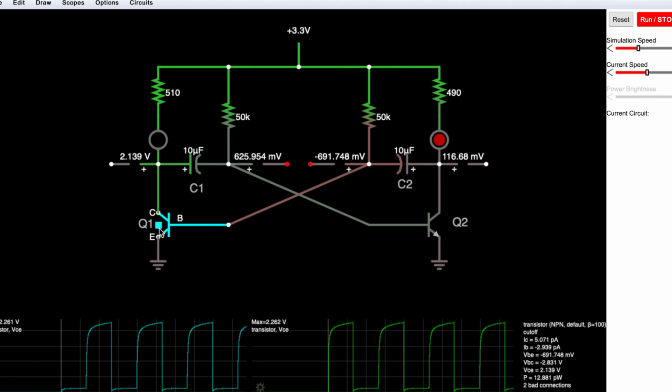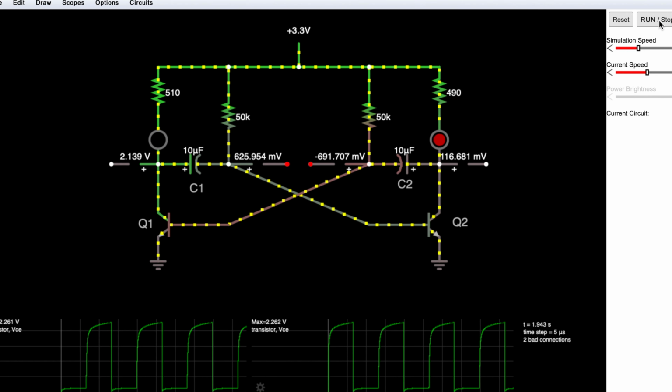Because when Q1 switches on, this voltage here will effectively become zero. It will be whatever this voltage is, which is 112, 116 millivolts. And when that happens, the right side of C1 will effectively become negative 1.5 volts. Now we will simulate the circuit, and I'm going to simulate it at a very slow speed.